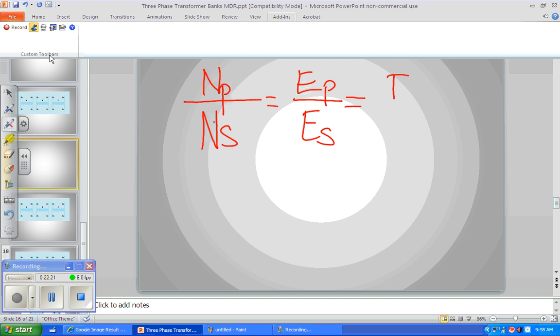Notice that the secondary is on top in the last one. So it's number in the primary over the number in the secondary is equal to the primary voltage over the secondary voltage, which is equal to, we flip the fraction over and it's still the same numeric fraction, different scale, current in the secondary over the current in the primary. Okay, and we use that when we're going in and coming out of this calculation.